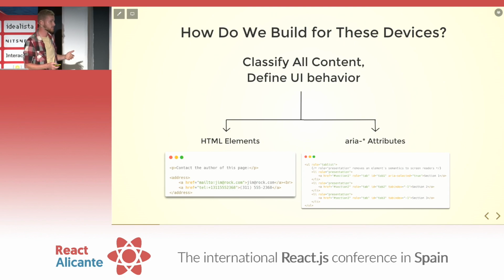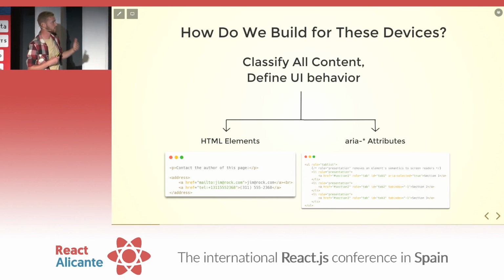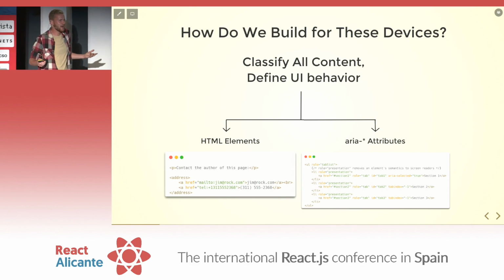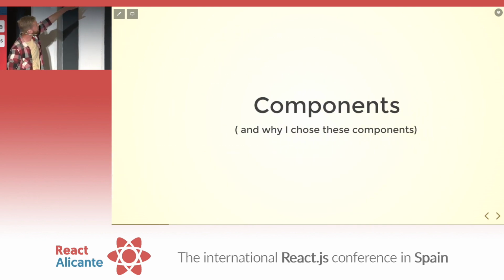Sometimes there's not an HTML tag for what you're looking for, so you can use ARIA attributes. ARIA attributes are a way to add extra accessibility if you don't have an HTML element, or if you have some sort of custom behavior. If you're making a crazy new type of user input, like a 3D color picker, something brand new with no support in HTML, and you think you know how to do it with ARIA, that is the way to do it. We're going to be going over a lot with ARIA.